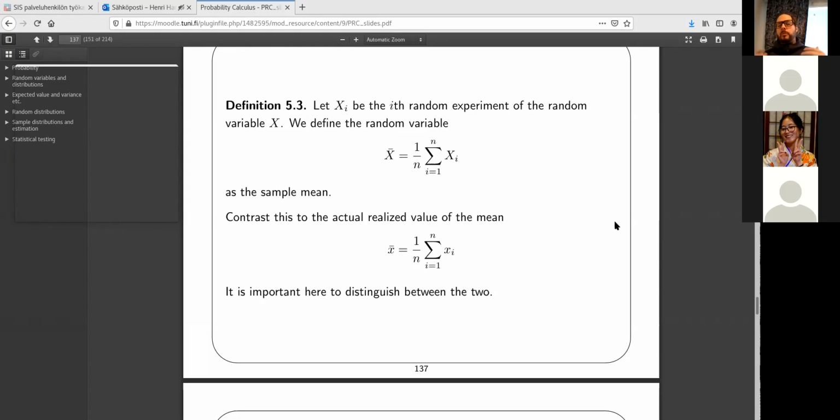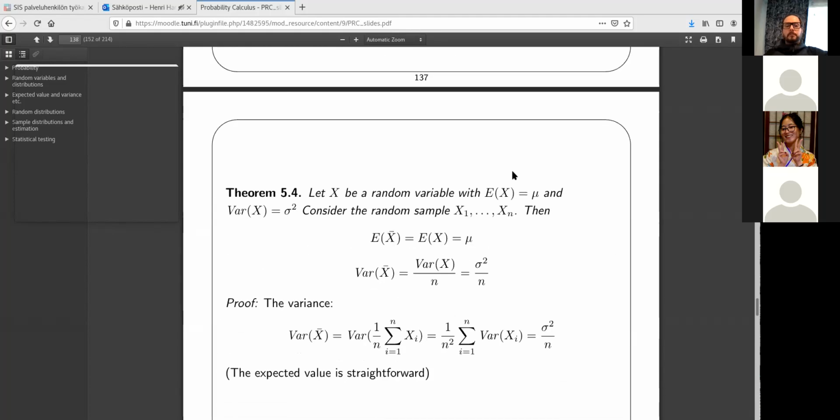The actual realized value of the mean, with lowercase letters, is the value that we get when we actually measure. Usually when we have data, we have just these measurements, and we cannot be sure what the actual random variables are. It's really important to distinguish between the actual realized mean and the sample mean as a random variable that could be something else.